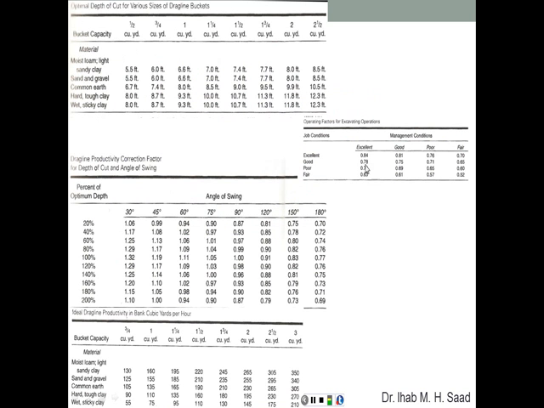And also here we have the operating factors, the job conditions, and the management conditions, exactly the same table as we have seen before. Then we also have the dragline productivity correction factor based on the percentage of the optimum depth of cut and the angle of swing, as we have seen with the shovel, and the ideal productivity based on the bucket size in bank cubic yards per hour.